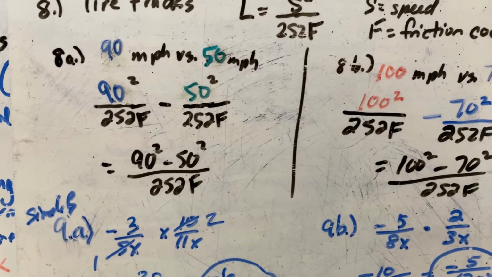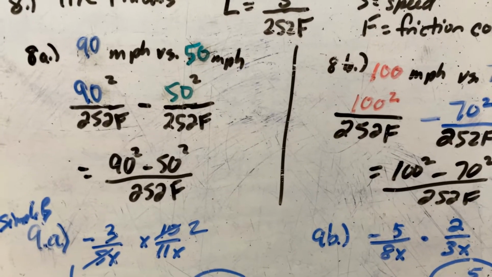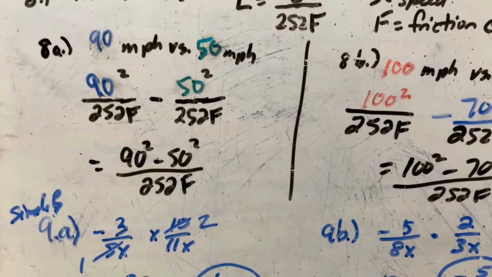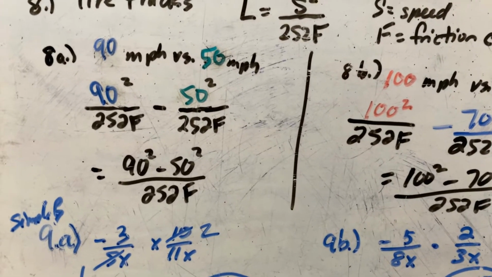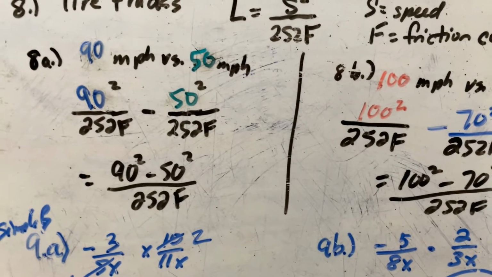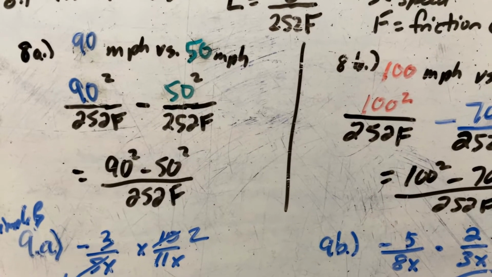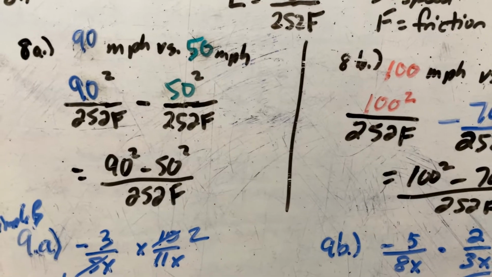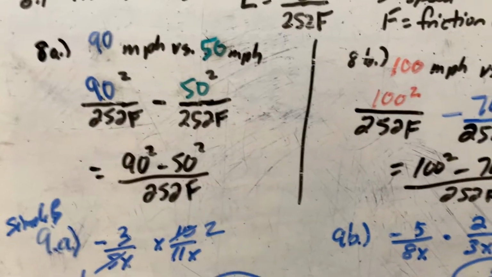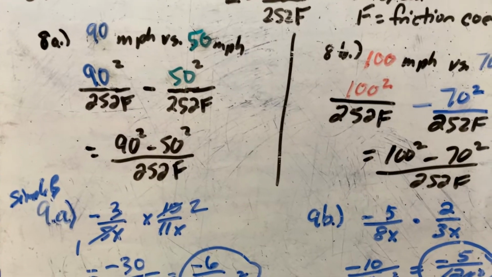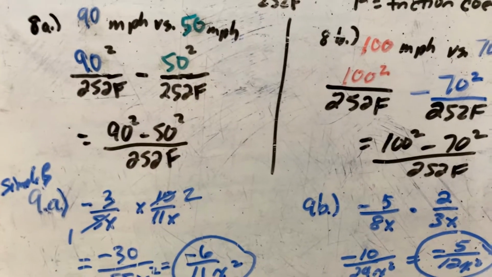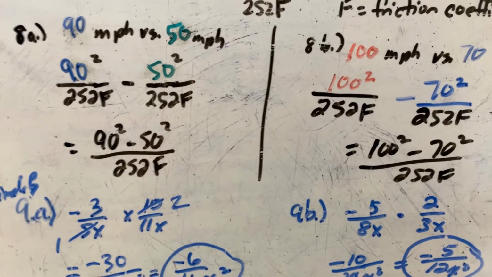So let's compare someone traveling 90 miles per hour versus 50 miles per hour. You would substitute 90 in for the speed, square it, divided by 252f, minus the second speed, which is 50 squared over 252f, for a final answer of 90 squared minus 50 squared over 252f. Again, you can't lie and tell them how fast you're going because they can calculate it based on your skid marks.